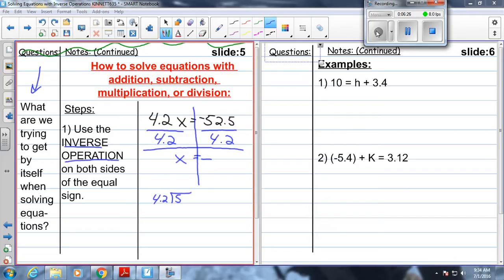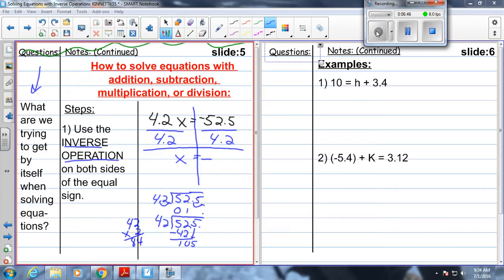Normally I would do this on the side of the math problem, but I don't have much space on the smartboard. And we're just doing our division of our rational numbers here. Remember, in division, that's where I do like you to use your guess and check.